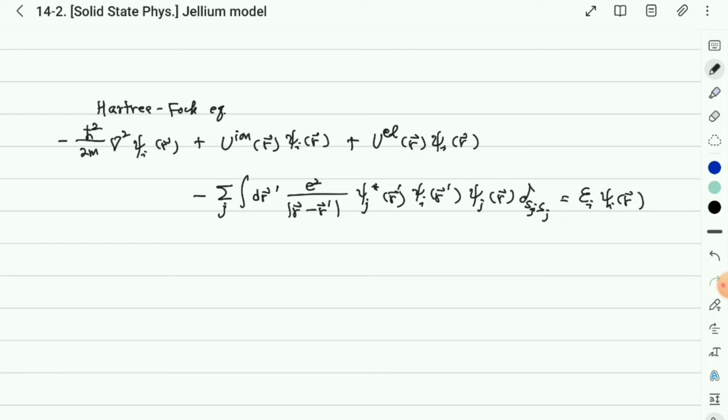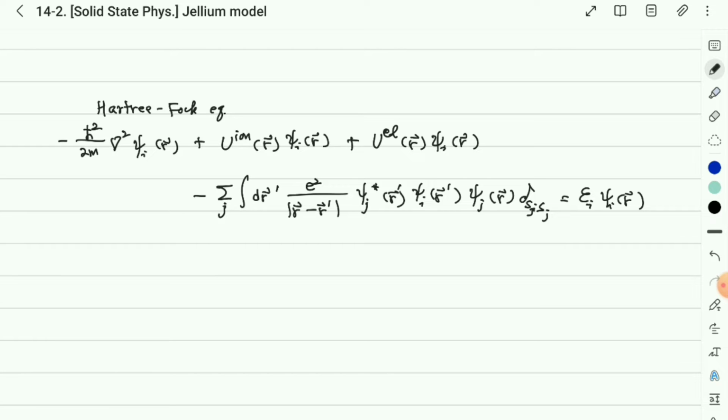Here we do not know the exact wave function, and we should find this wave function. And here I will talk about the Jellium model. The Jellium model assumes that the ionic distribution is uniform, with the positive charge uniformly distributed, and the electrons are also homogeneously distributed.